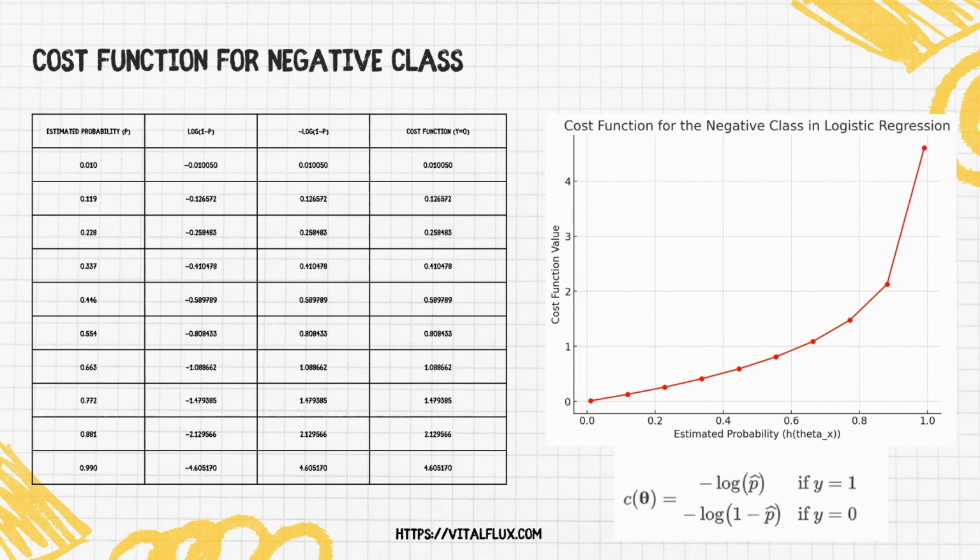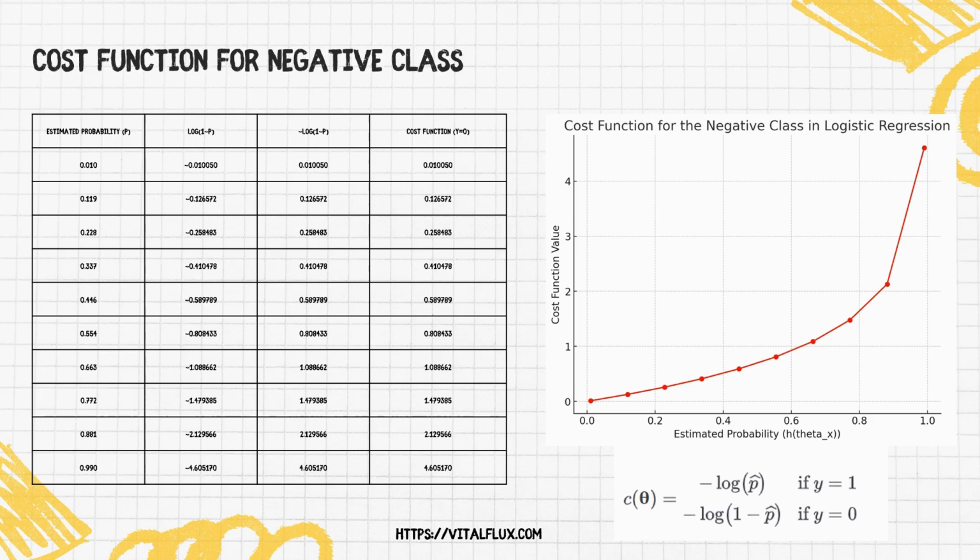We are more interested in 1 minus p, which is the likelihood of the negative class according to our model. So the second column, log 1 minus p, is the log transformation of that probability. And the magic happens in the third column, which is minus log 1 minus p. This is where we see the cost of predicting a negative outcome.